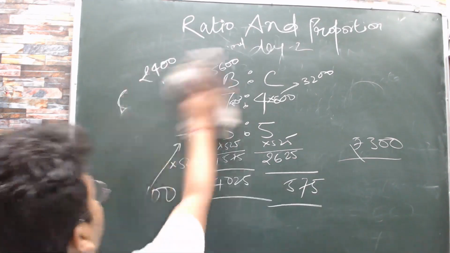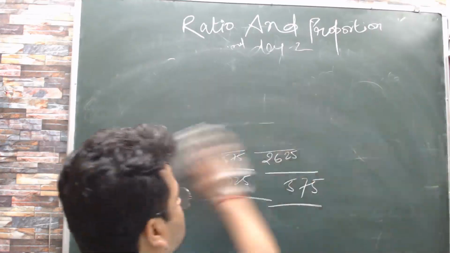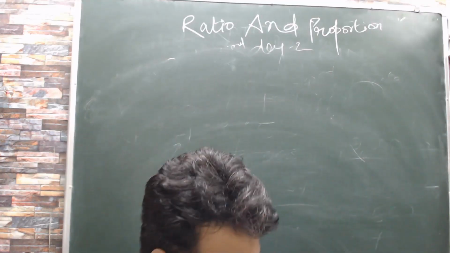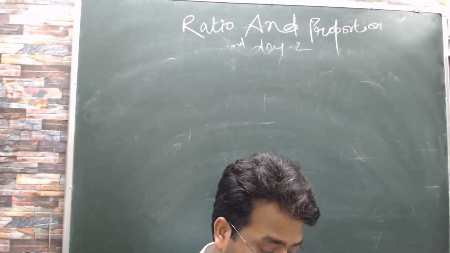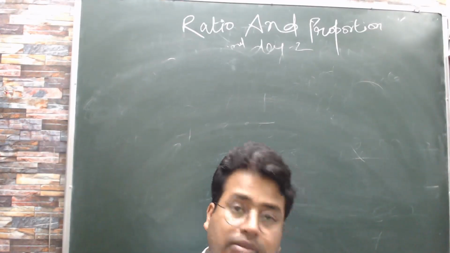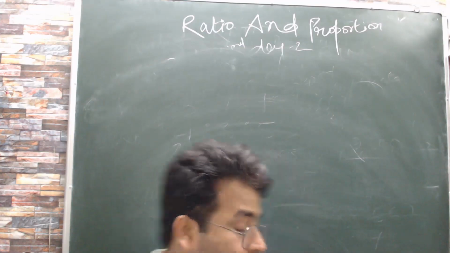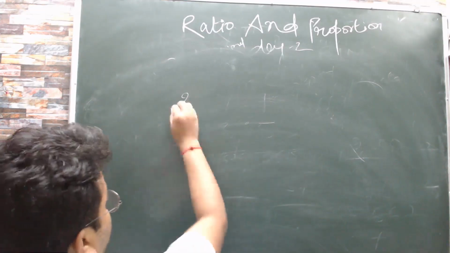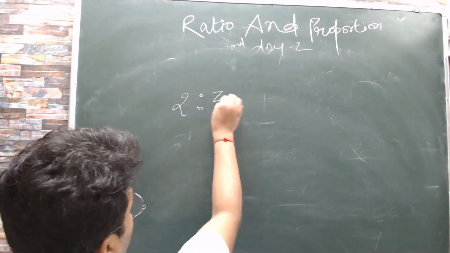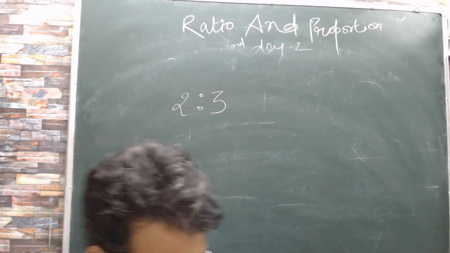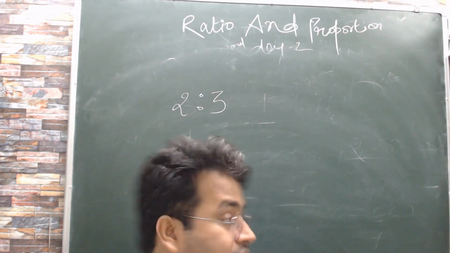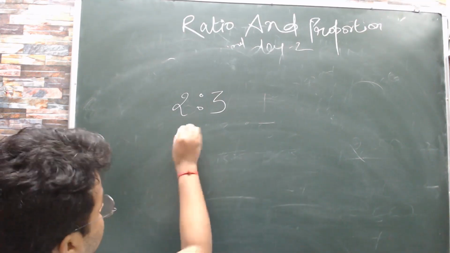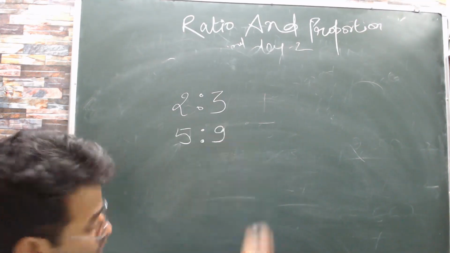Go to the next question. Between two consecutive years, my incomes are in the ratio 2:3, and the expenses are in the ratio 5:9.